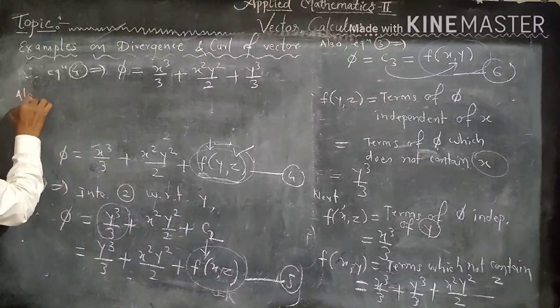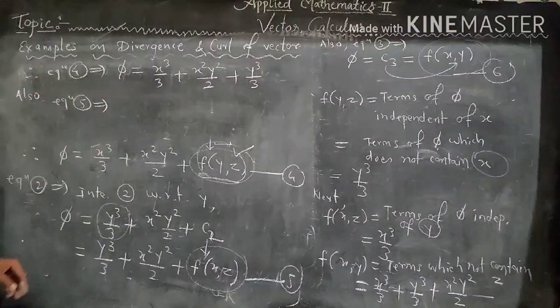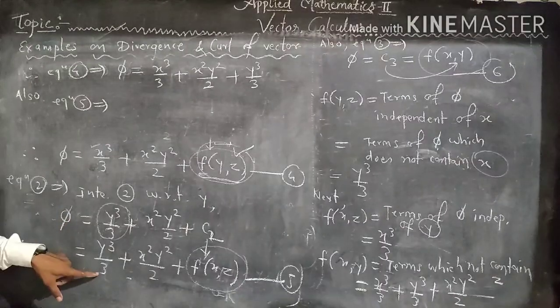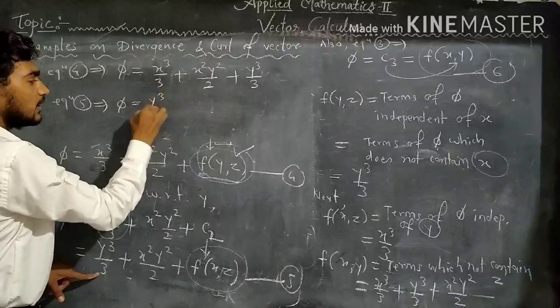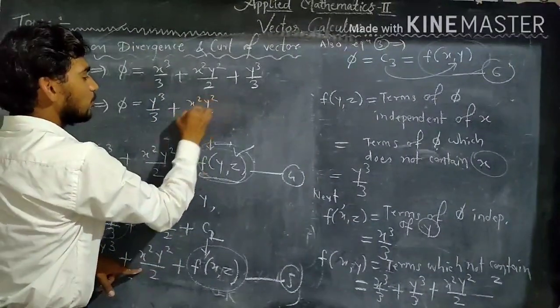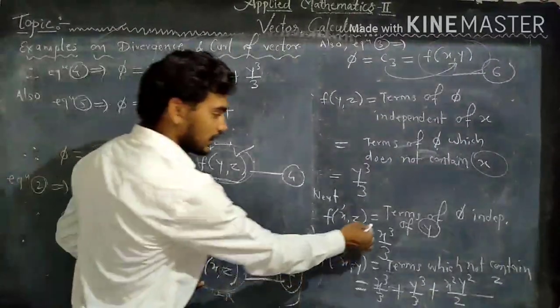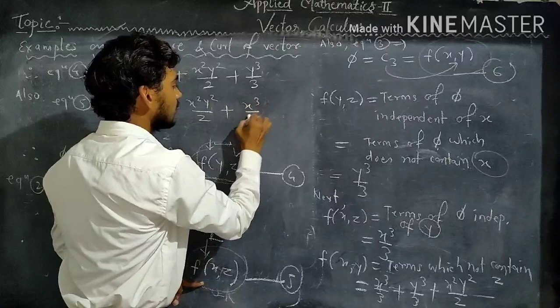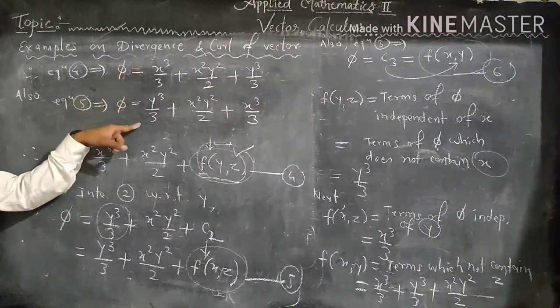Also equation 5 implies phi equal to y cube by 3 plus x square y square by 2 plus f of xz, that is x cube by 3. Now look at these two equations, both are same.